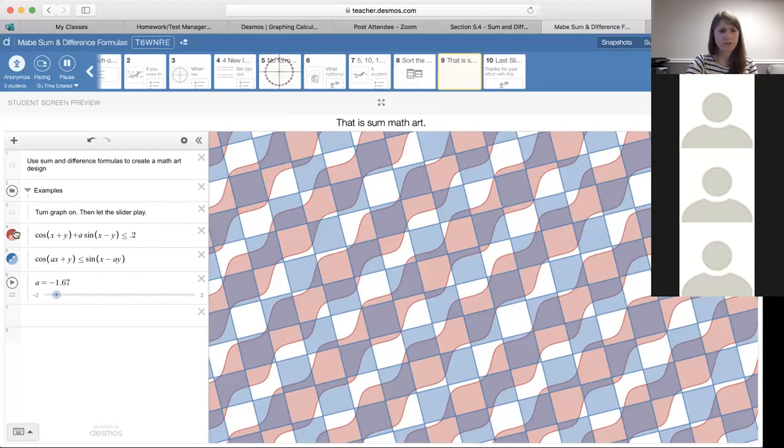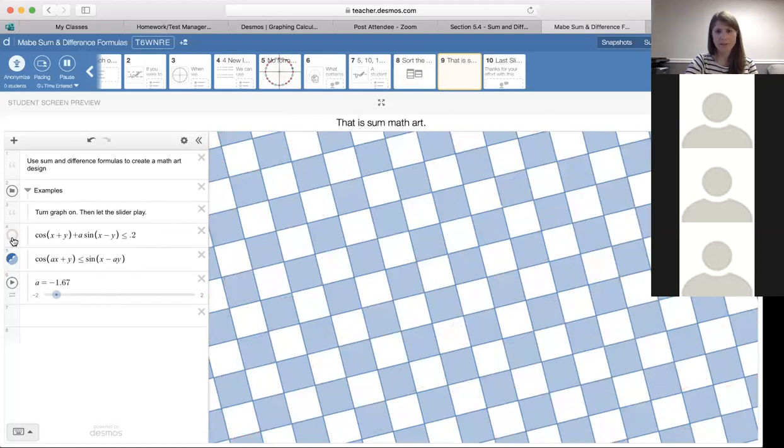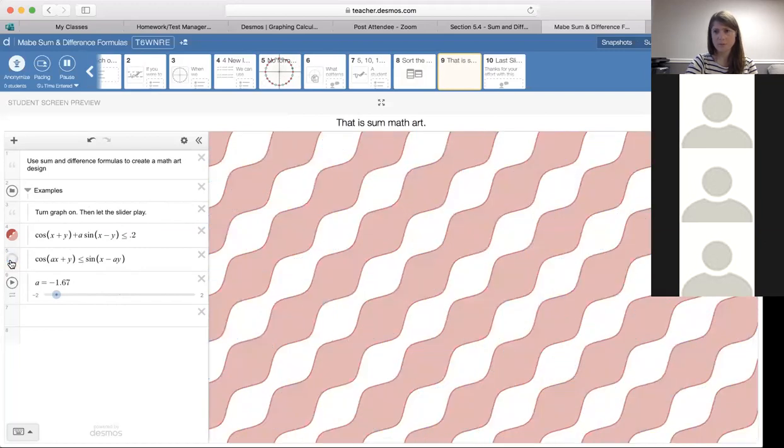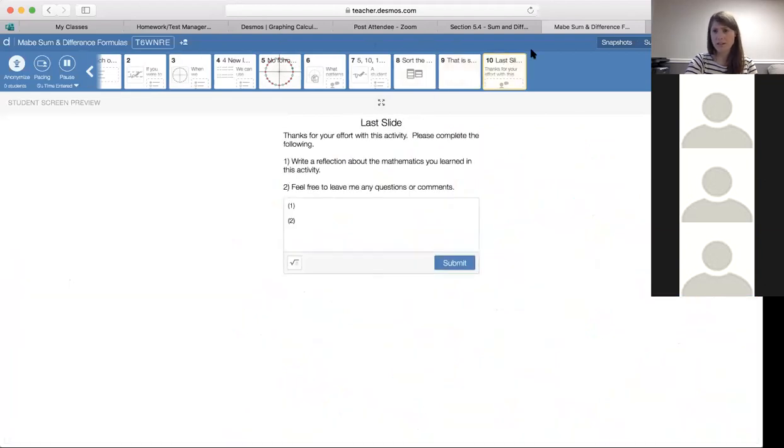In other words, if I get rid of some of this, you can see how your parameters and your inequalities are going to create some cool graphs. So play around with that a little bit. And then slide 10 is just to leave some feedback and some comments.